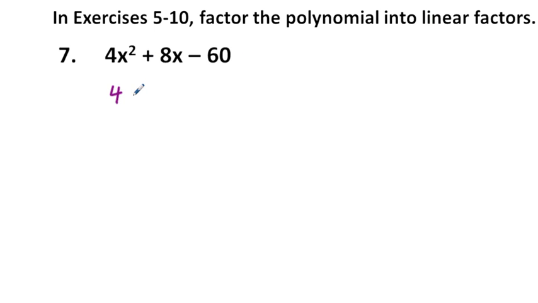So 4 is going to be our greatest common factor. And we put x squared. And let's see, 4 times what equals 8x? Well, that's going to be 2x, right? And then 4 times what equals negative 60? Well, 4 times 15.